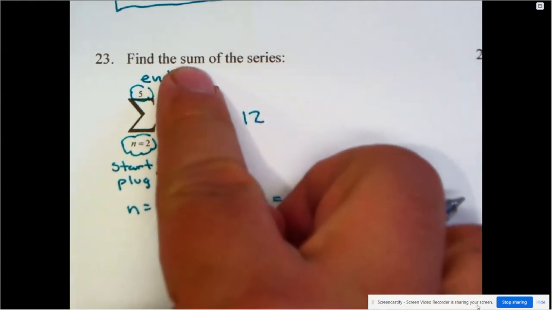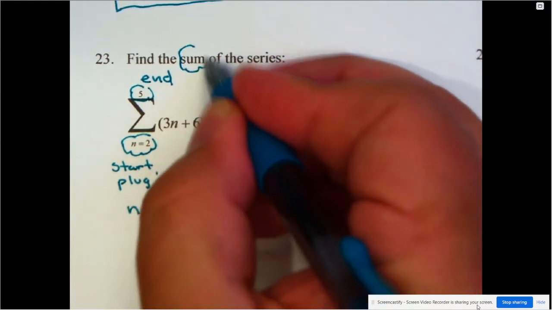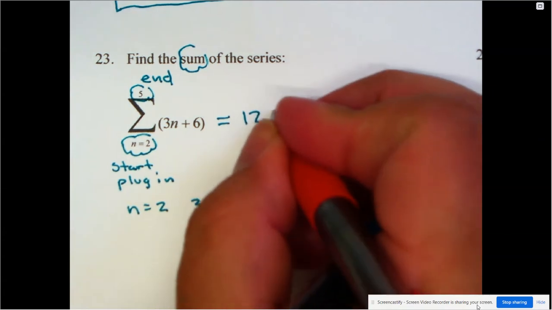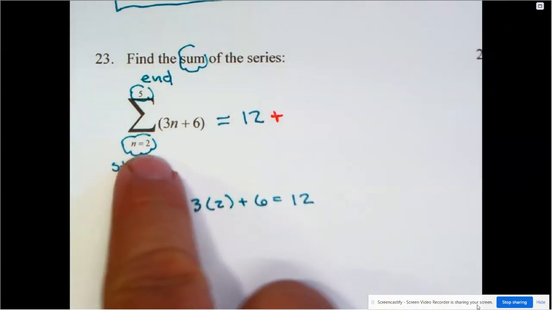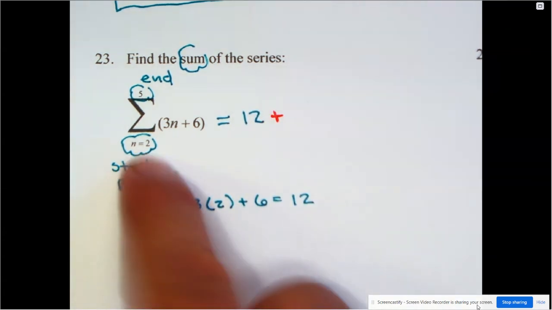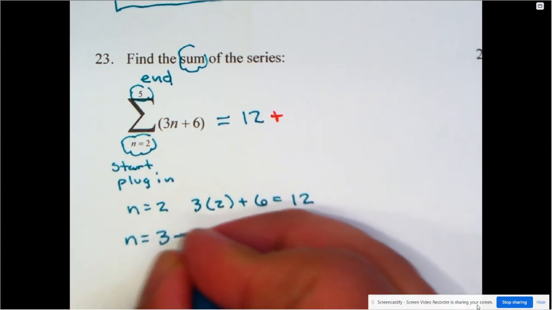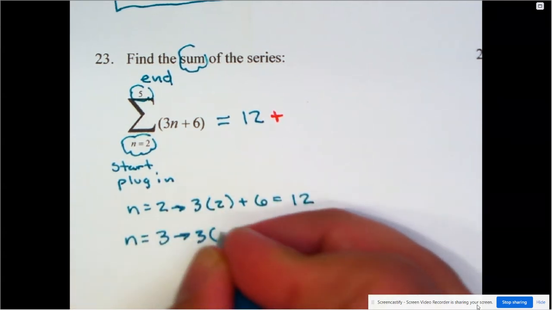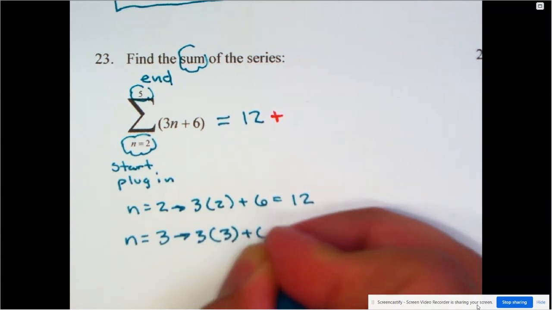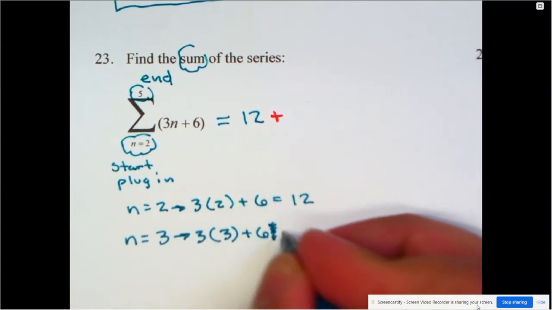But remember, it is a sum. And when you're doing a sum, you're going to be adding. All right, but I'm not done. That's where I start, so I go in order. I'm going to plug in a 3 now. So 3 times 3 is 9, plus 6 is 15.